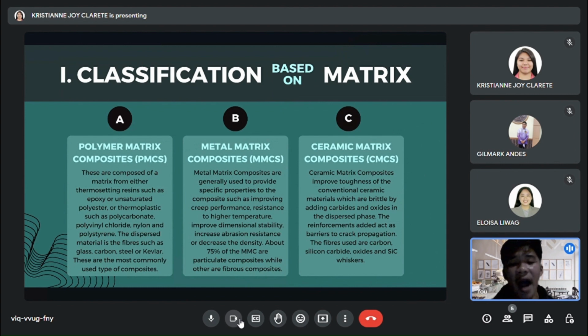These are composed of ceramic matrix such as silicon embedded with fibers. These are specifically used for high temperature application. These are less commonly used compared to other composites.